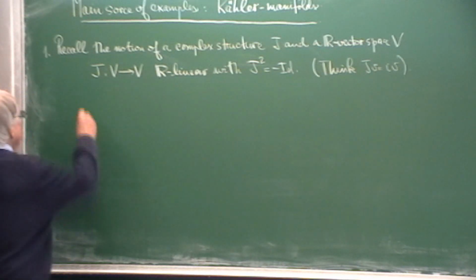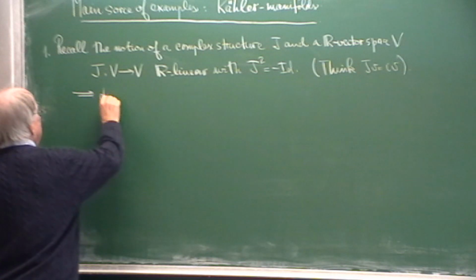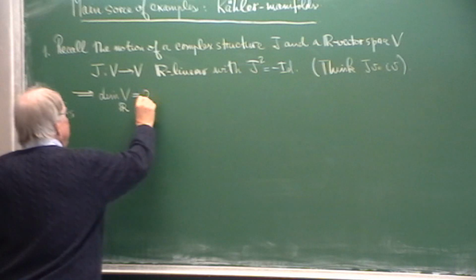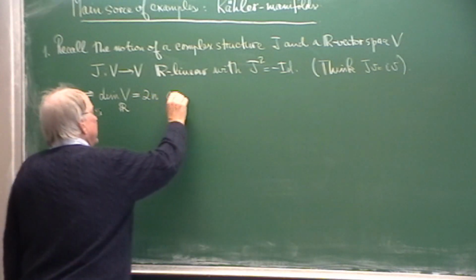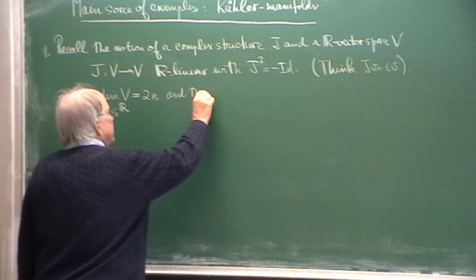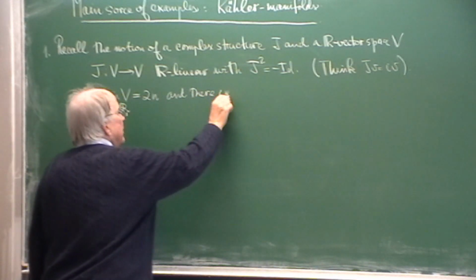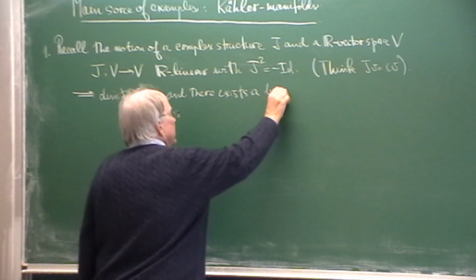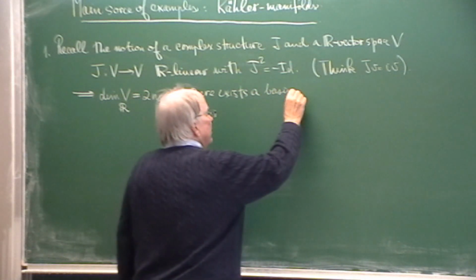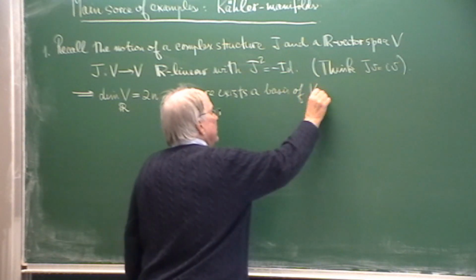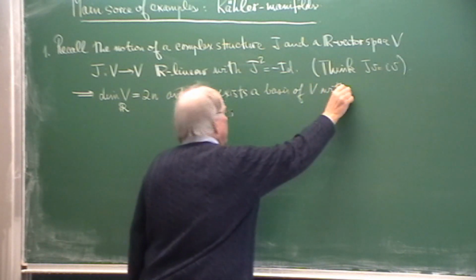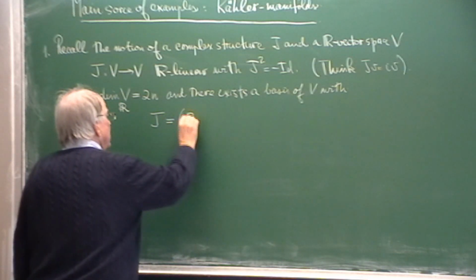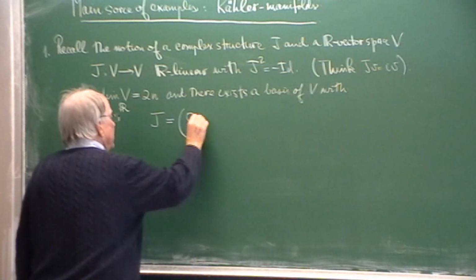It follows that the dimension, I emphasize where I am over R, is even, and there exists a basis, even many bases, but there exists a basis of V with J in that basis equal to (0, I; minus I, 0).